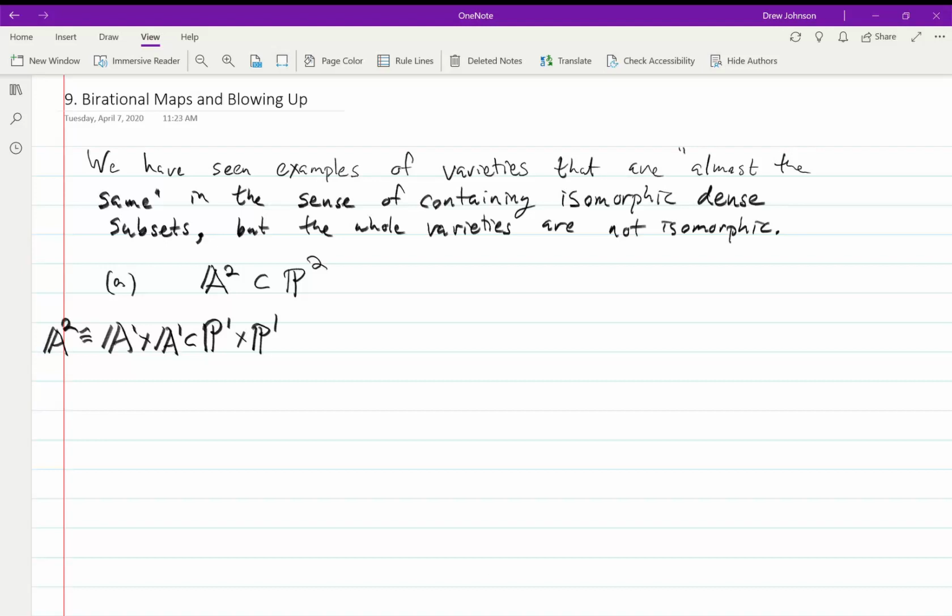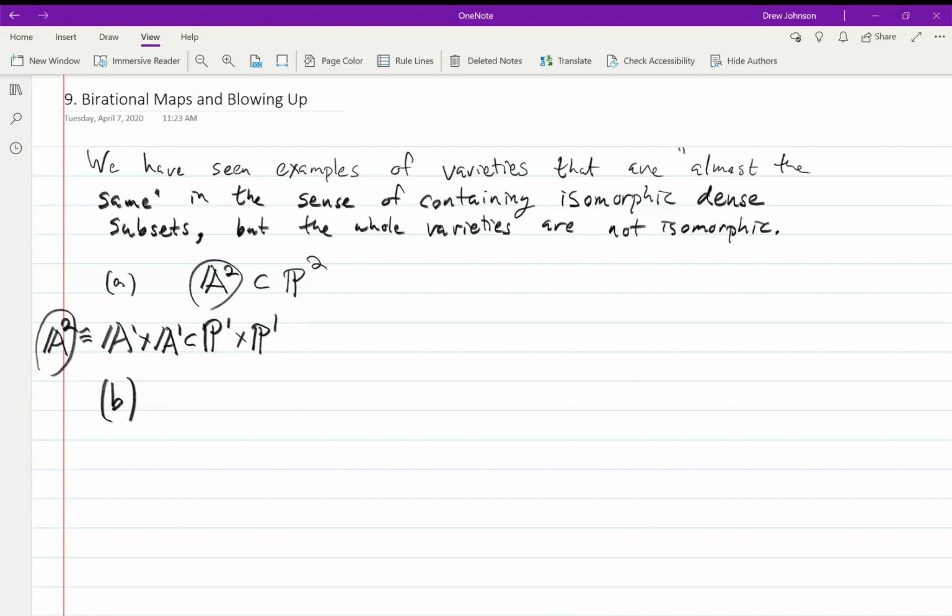So now we have three things: P2, A2, and P1 cross P1. No pair of those is isomorphic, but they all contain a copy of A2. So that's one example.